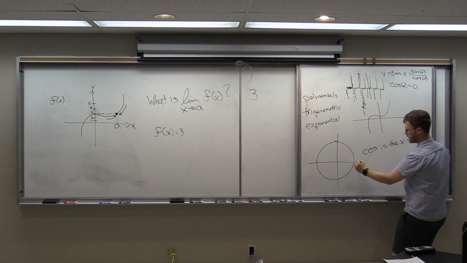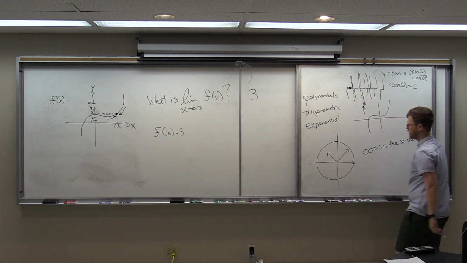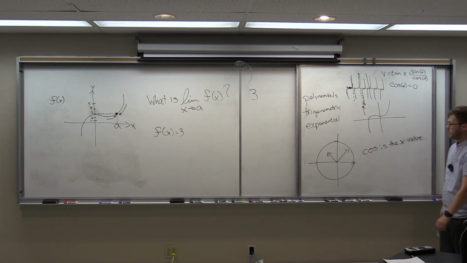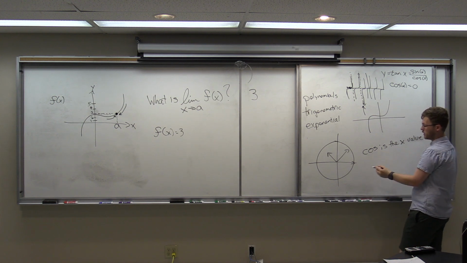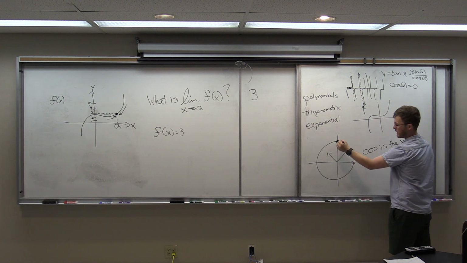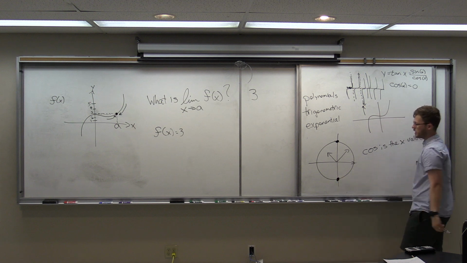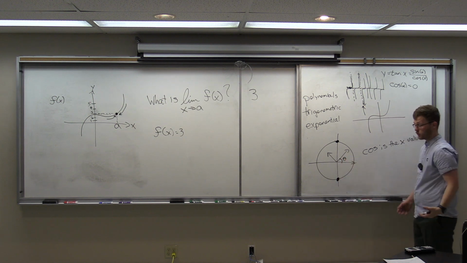So as I rotate around this circle, the x-coordinate is the cosine value. So if I want to know when I am at cos equal to 0, it would be any time that x is equal to 0. There are 2 points here. So remember, with the unit circle, we tend to measure theta, that's our degree.